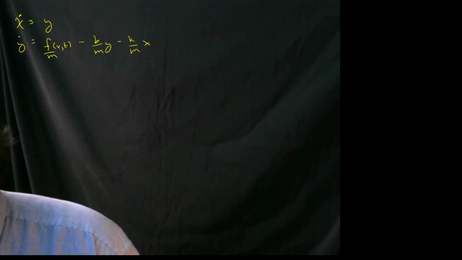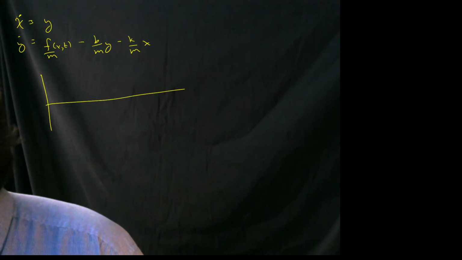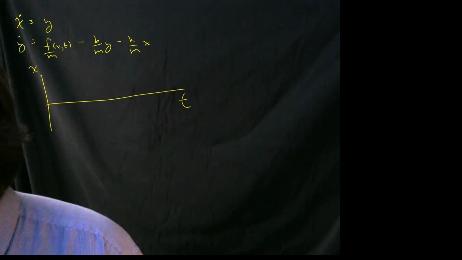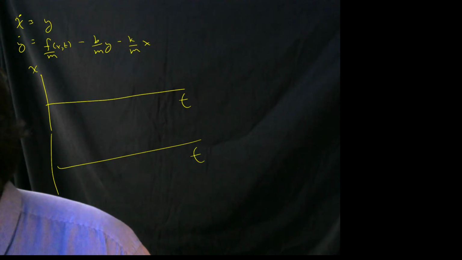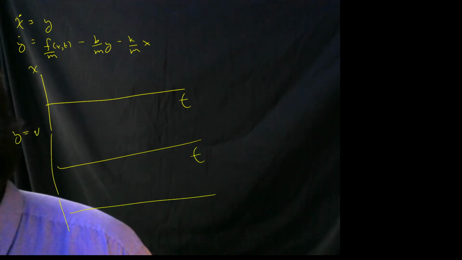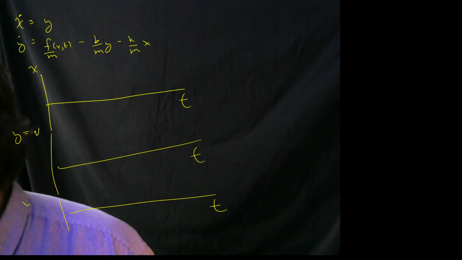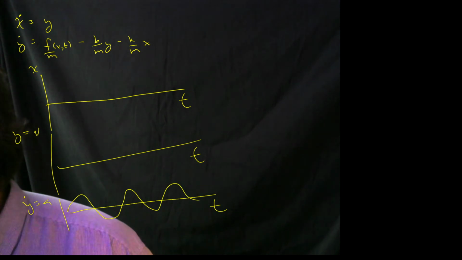And so the graphs that I want to be able to do are time versus position, time versus velocity, which in our setup is y, and then time versus y dot, which is acceleration, which we've been seeing as sinusoidal waves.